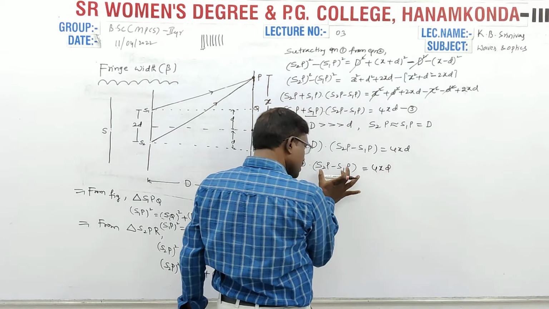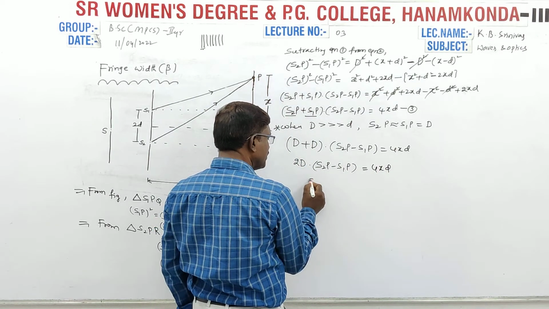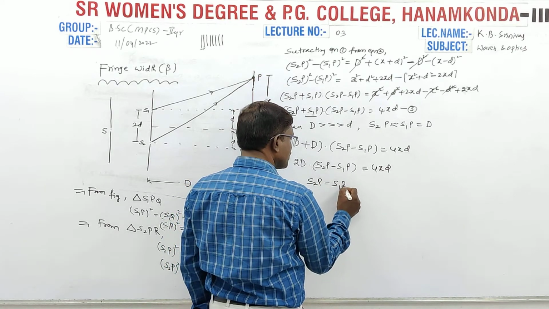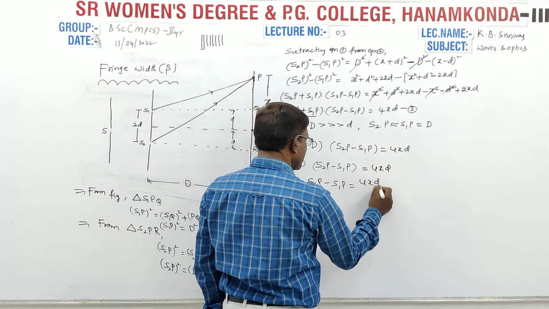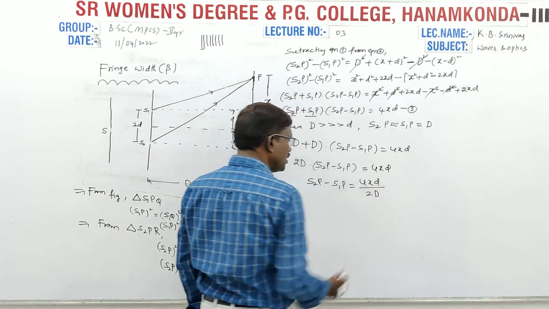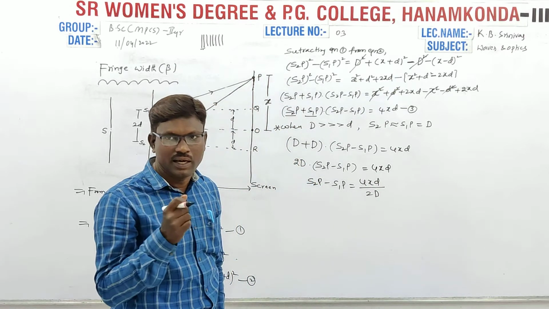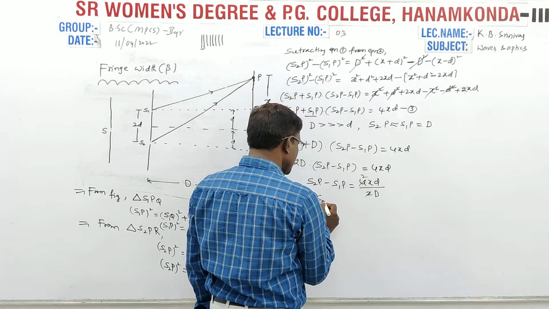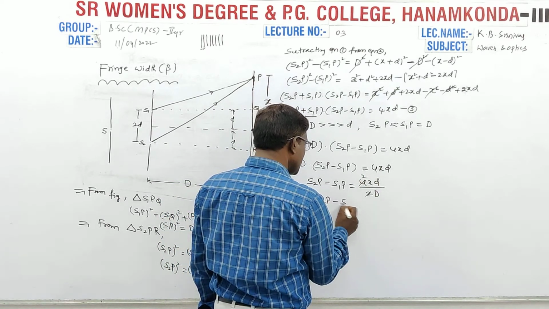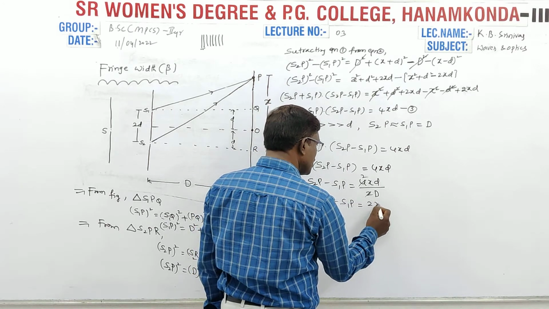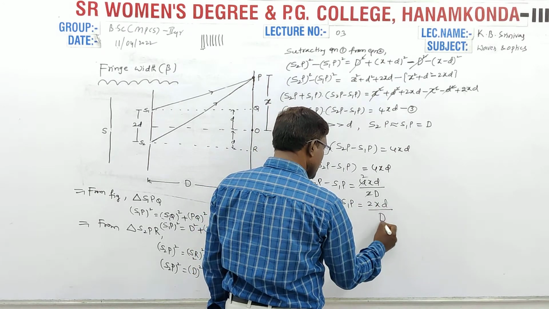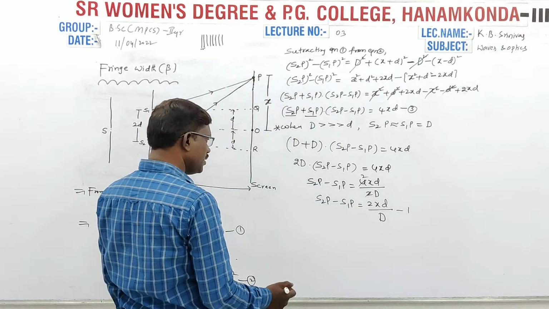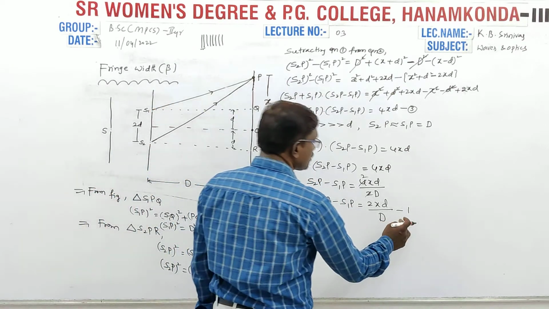So our next step will be S2P − S1P equal to 4xd by 2 capital D. Clear? 2 ones are 2, 2 twos are 4. So S2P − S1P is equal to 2xd by capital D. Let this be equation number 4.